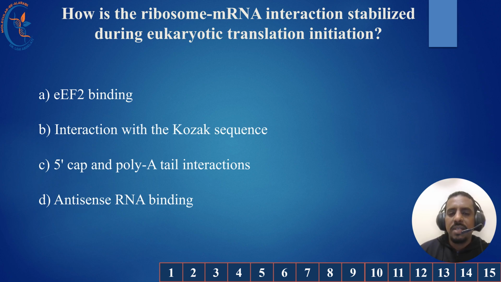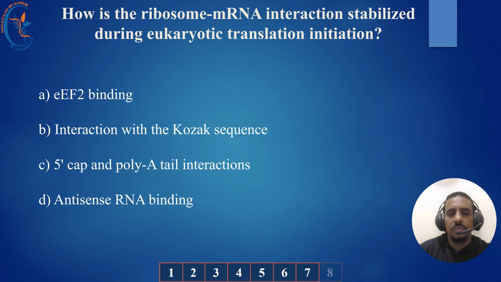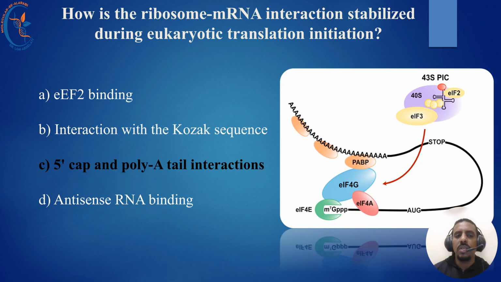How is the ribosome messenger RNA interaction stabilized during eukaryotic translation initiation? Actually, during eukaryotic translation initiation, the ribosome messenger RNA interaction is stabilized by interaction between the 5' cap and the poly A tail. All right.